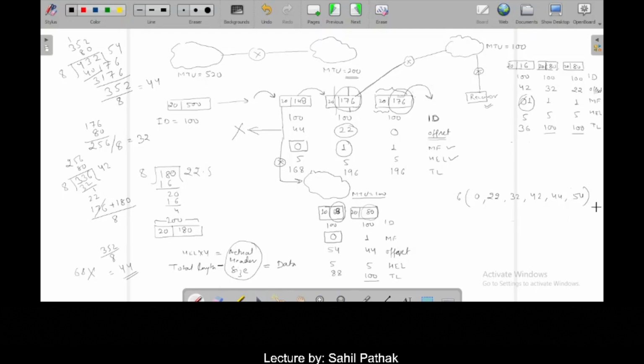So these are the fragments which the receiver will receive.